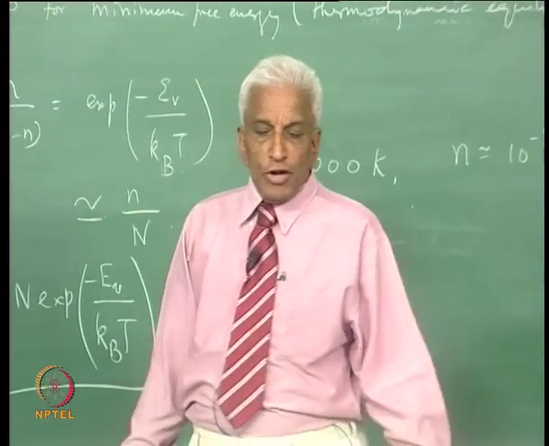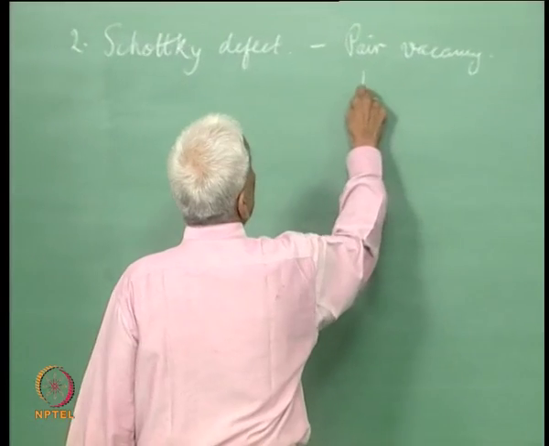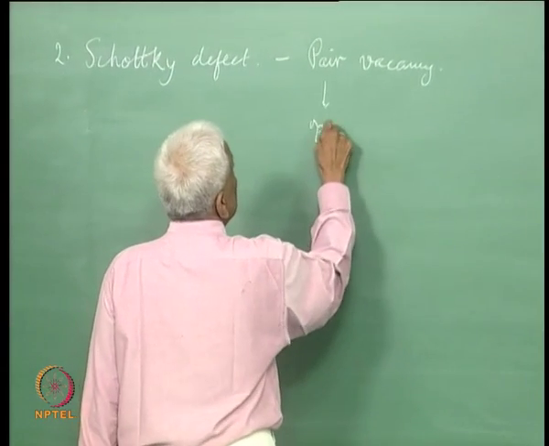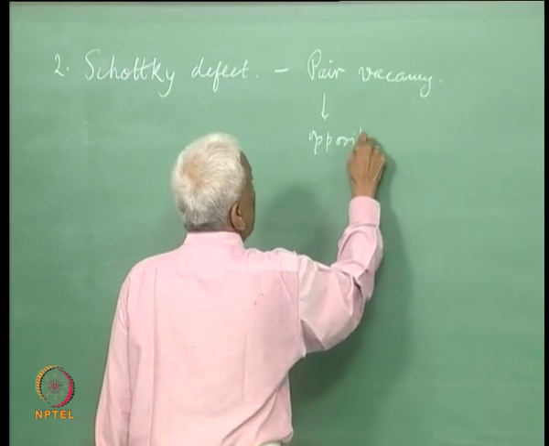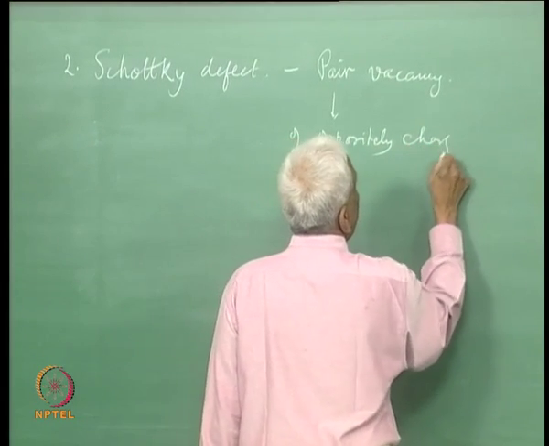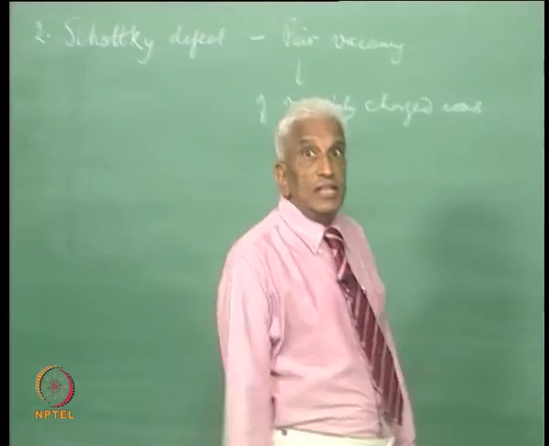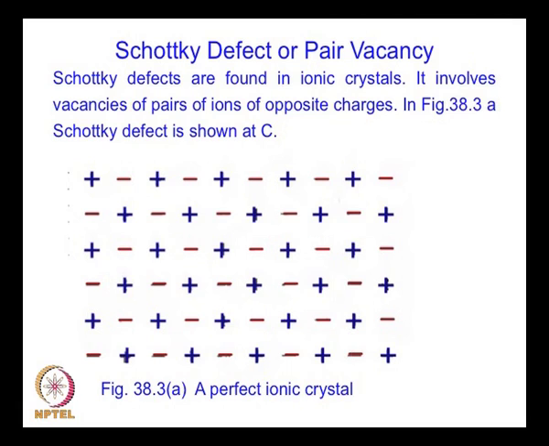These are found in ionic crystals. These are pairs of oppositely charged ions. Obviously, this means that charge neutrality is automatically established.